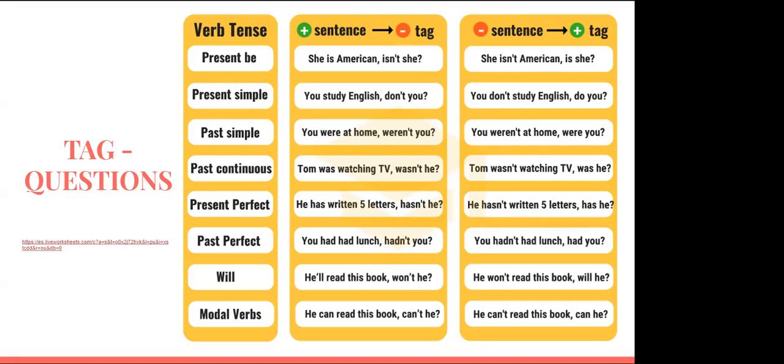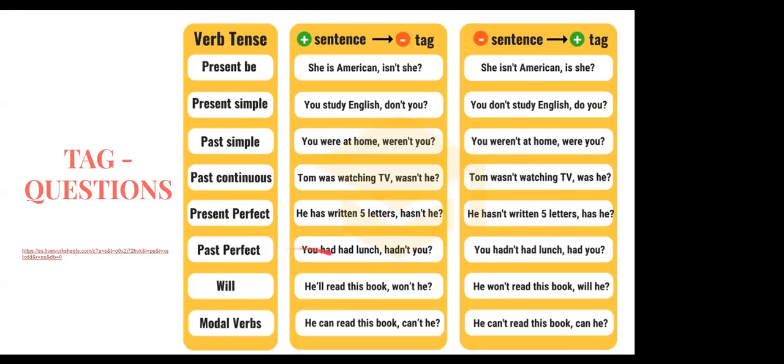Yes. And for the past perfect, we know that the auxiliary is had. And of course, we're going to use the affirmative and the negative, negative, affirmative, please. You had lunch, hadn't you? You hadn't had lunch, had you?